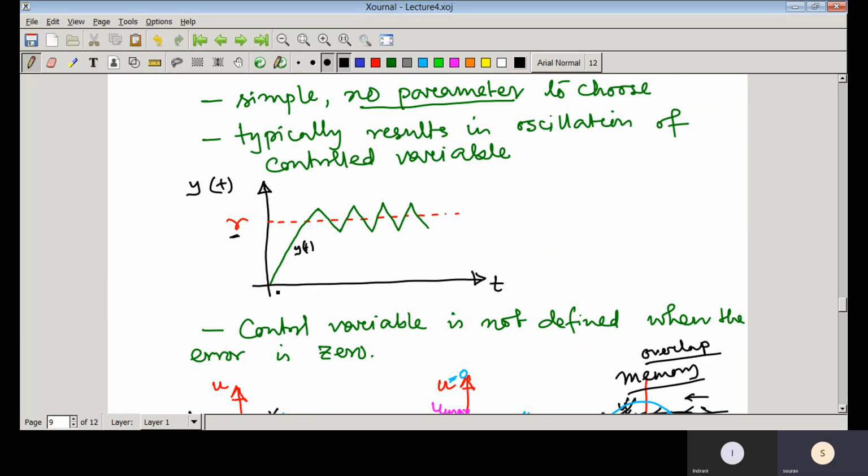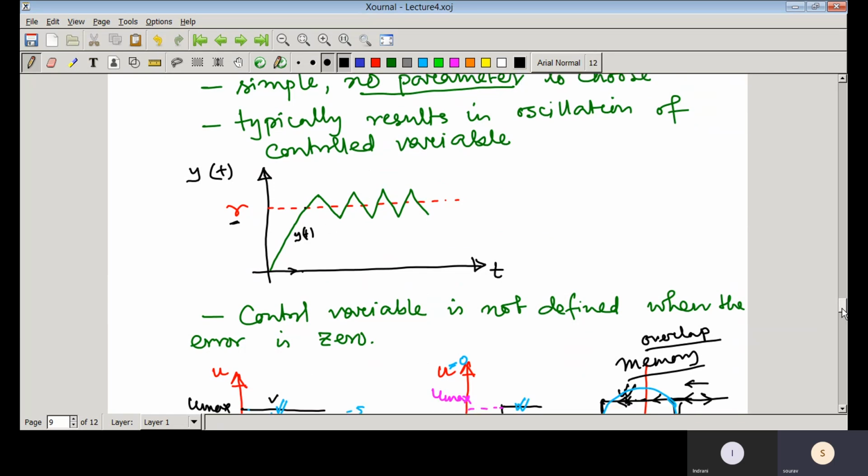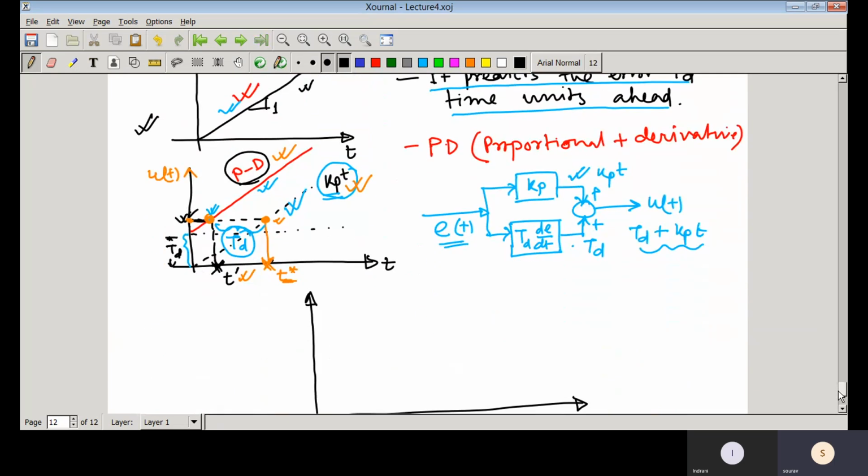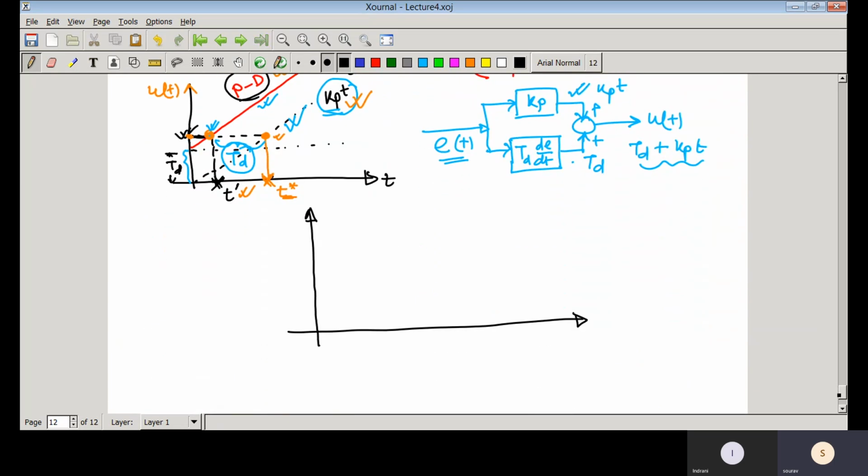Whenever time progresses, y(t) is increasing, and when y(t) crosses R, then the on-off control action takes place. But in this particular case, we are using PD controller. So here I can show you that this is your reference command, and the control output is going like this. Suppose it is going like that. It is a smooth response.